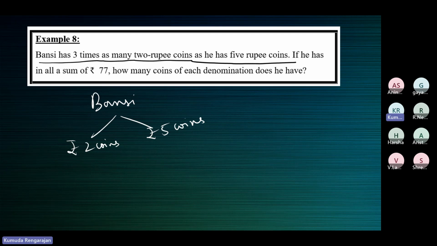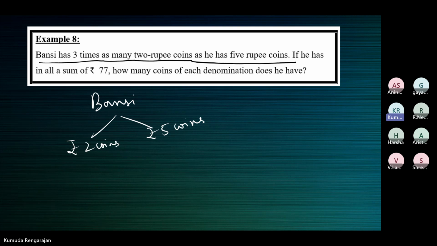How many 2 rupee coins he has? We don't know. How many 5 rupee coins he has? We don't know. But there is some relation given between the two. He has 3 times as many 2 rupee coins as he has 5 rupee coins.